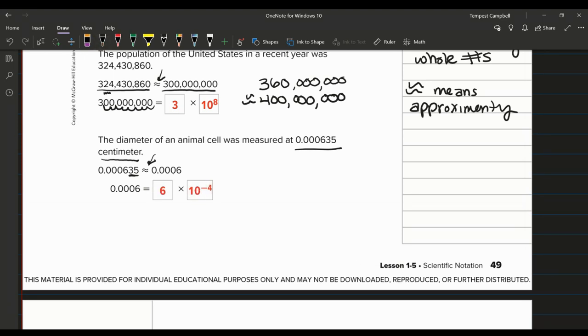So we get 6 times 10 to the negative 4. So notice how our factors are now whole numbers. If we didn't have whole numbers, I would actually have 6.35 times 10 to the power of negative 4. But we're doing estimates.